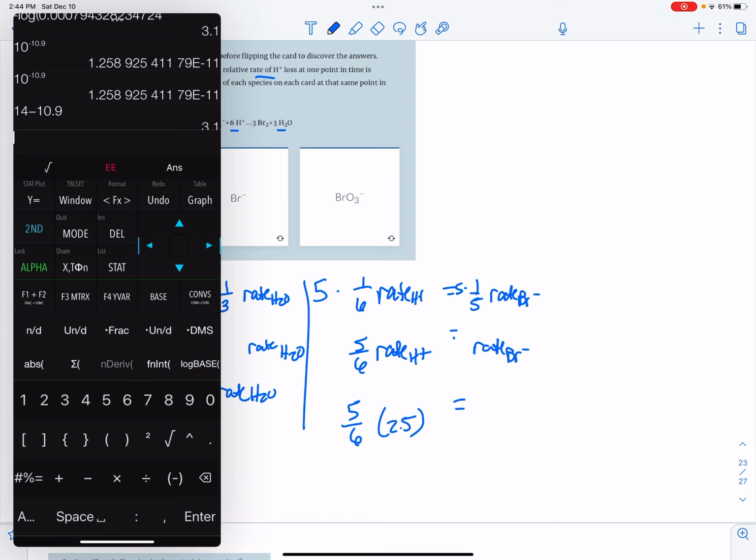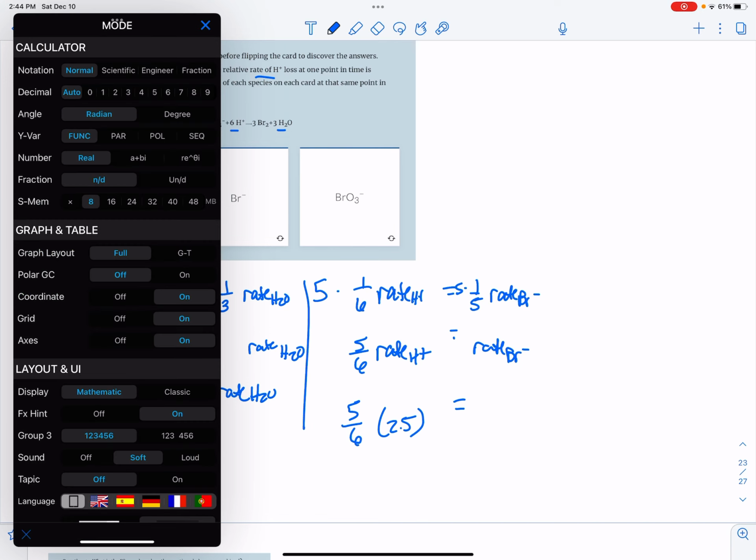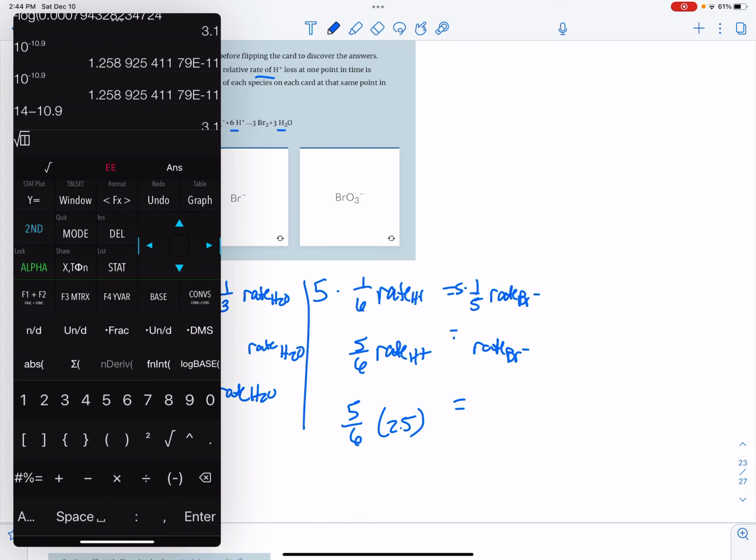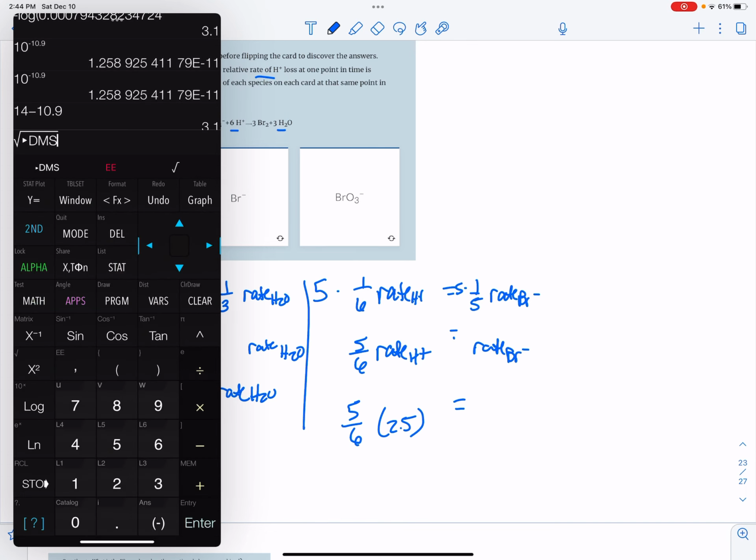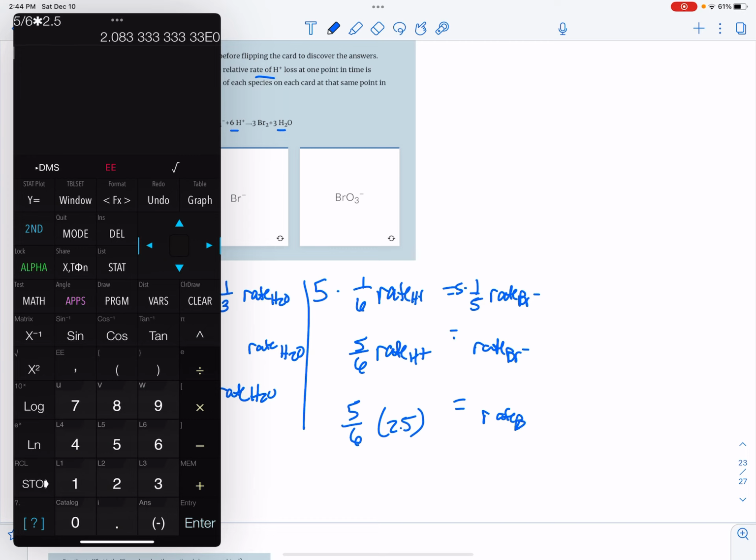I'm not sure how my calculator got so crazy. There we go. All right. So we have 5/6 times 2.5. So that tells me that my rate of BR is equal to 2.0 or 2.1 if I'm doing it with my sig figs, 2.1 molarity per second.